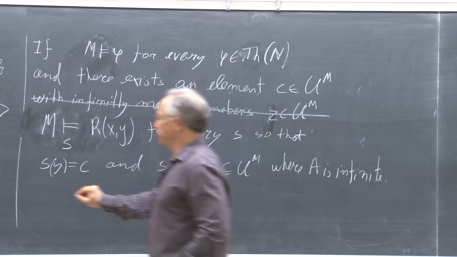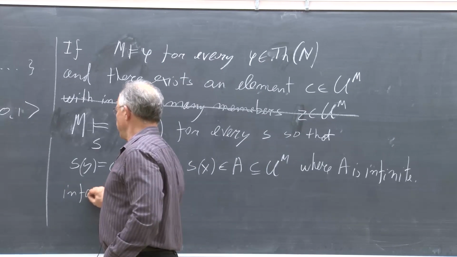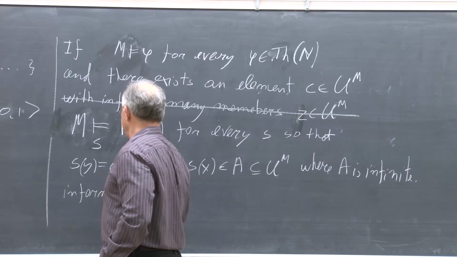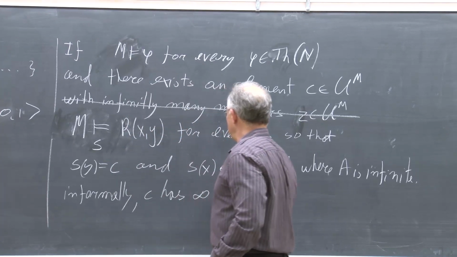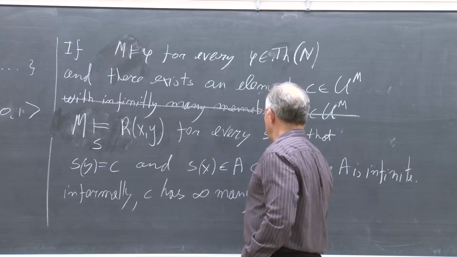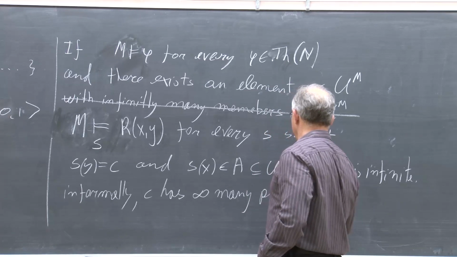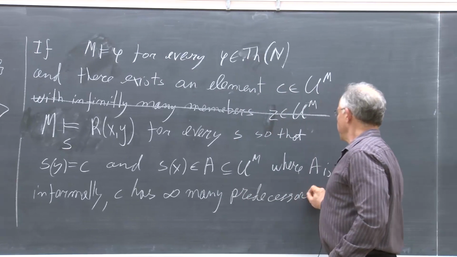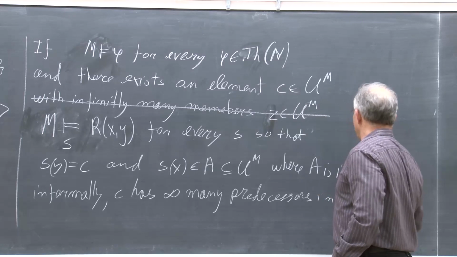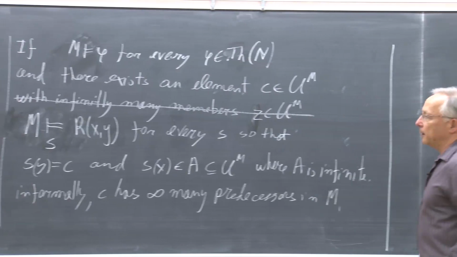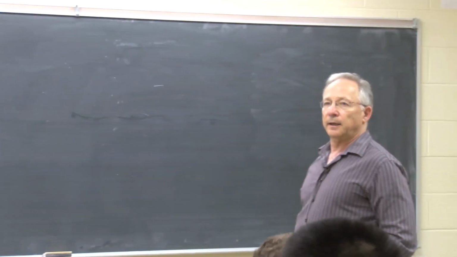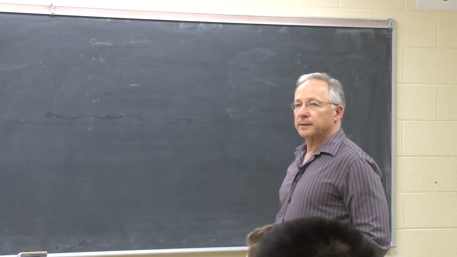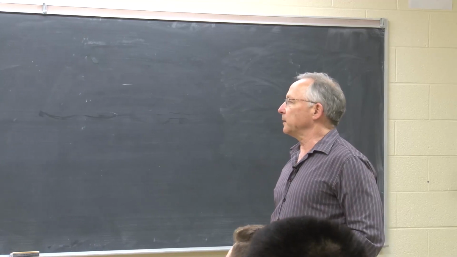So informally, C has infinitely many predecessors in M. And we saw last time that such a structure may have some interesting properties, because we know a lot about this structure.